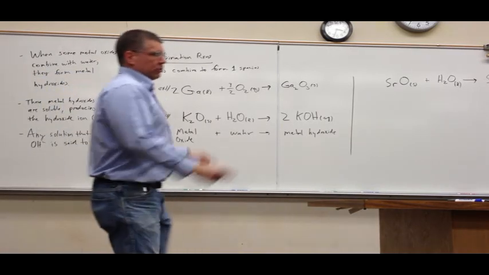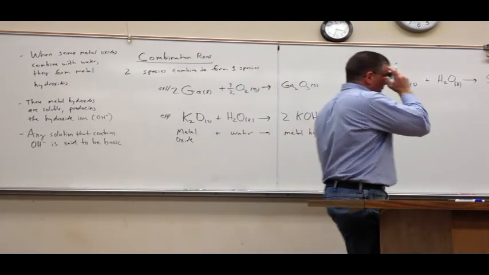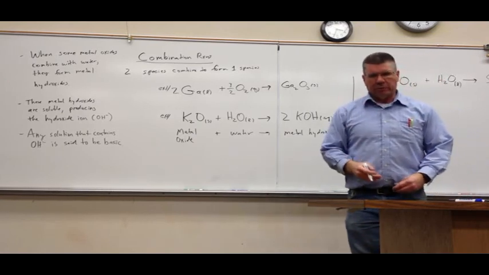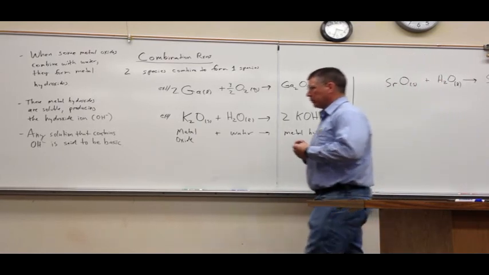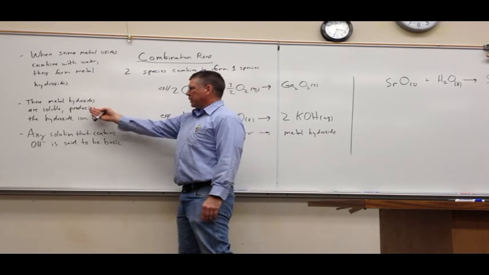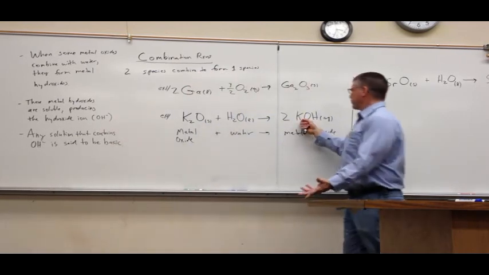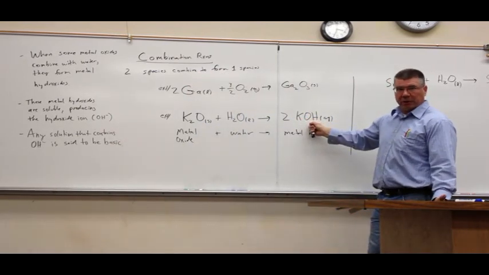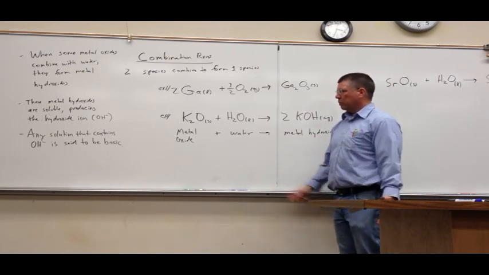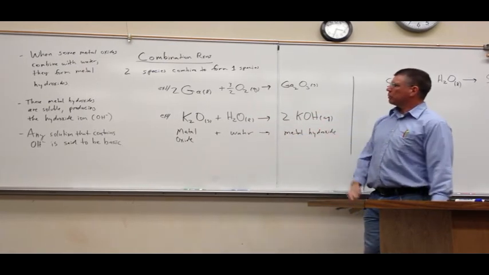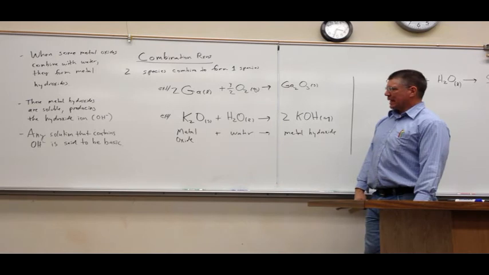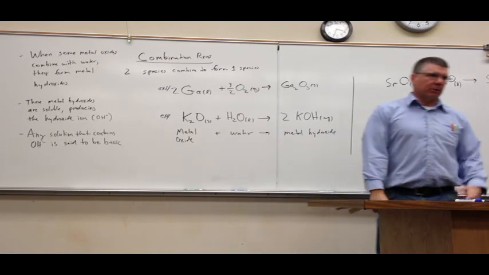So when the metal oxides in figure 10.8 combine with water, they make metal hydroxides, which end up being soluble. And when they dissolve in water, when they're soluble, it means that they produce the hydroxide ion. And any solution, like the solutions that result from these, that contains hydroxide is said to be basic, as opposed to acidic.